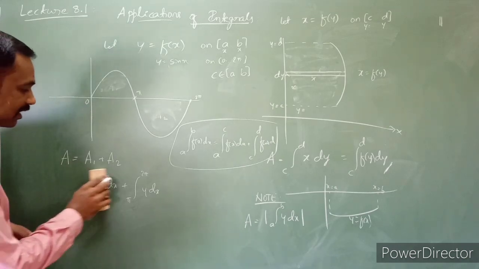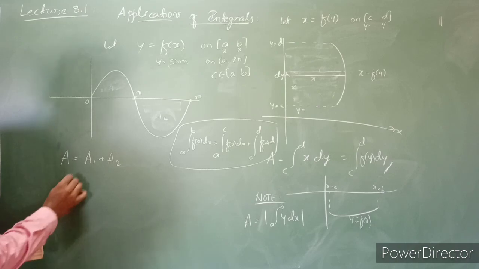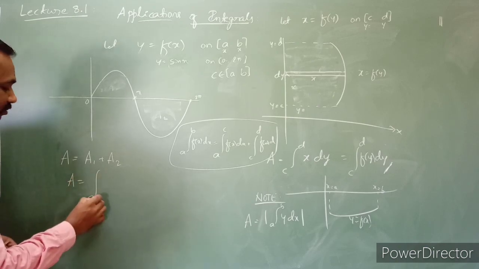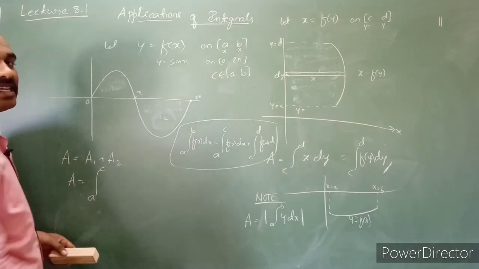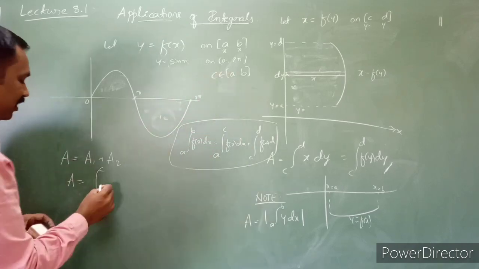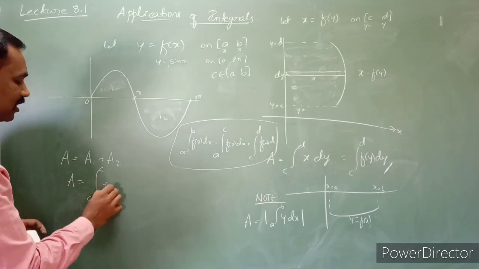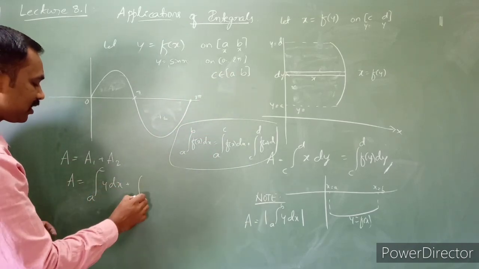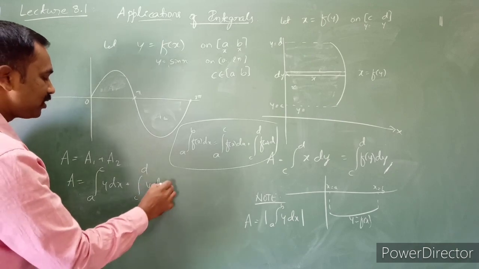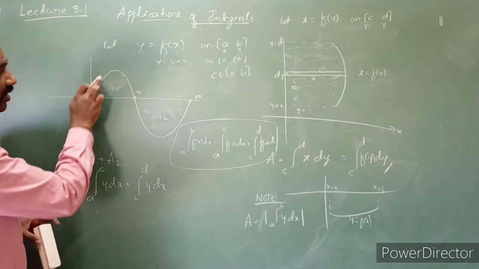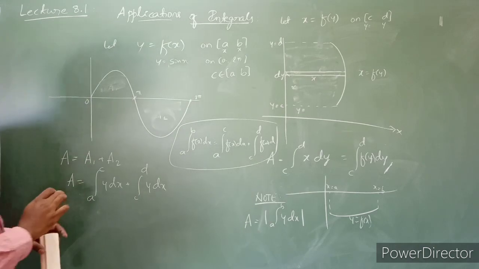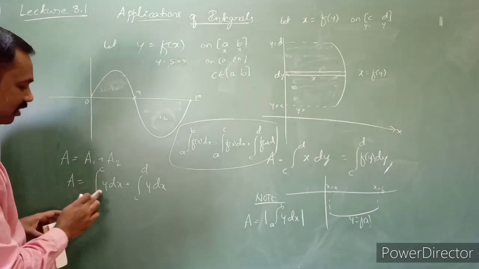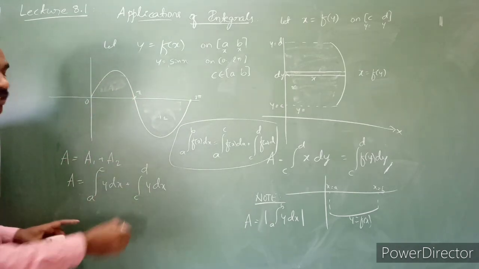That we can write in general: area is equal to integral from a to c of y dx plus integral from c to b of y dx, where c is any point in the given interval. Here also it is the same curve, y is equal to sin x. Replace y, but the interval is different.